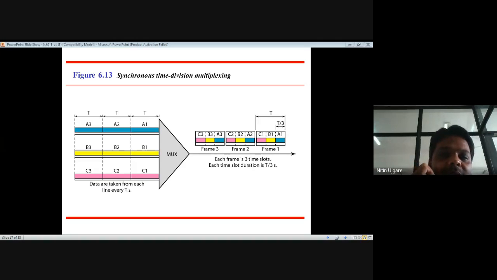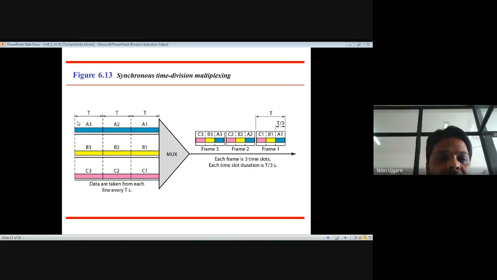In synchronous time division multiplexing, each input connection has an allotment in the output even if it is not sending data. What I mean here is, even if you do not have any data from the source signal, that slot in the given time frame will be left blank. That means we are leaving unused a portion of that time frame.